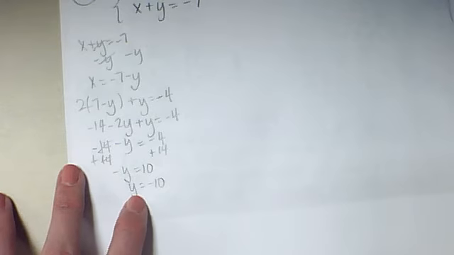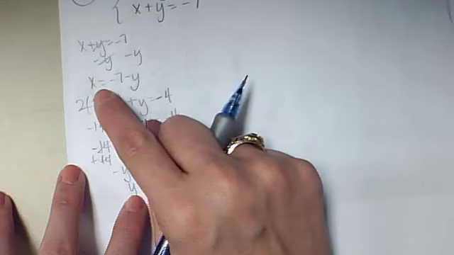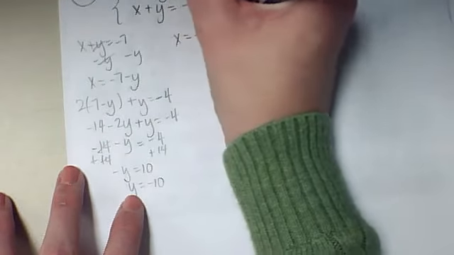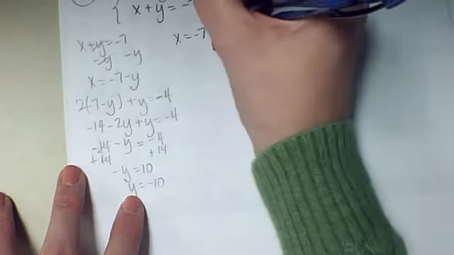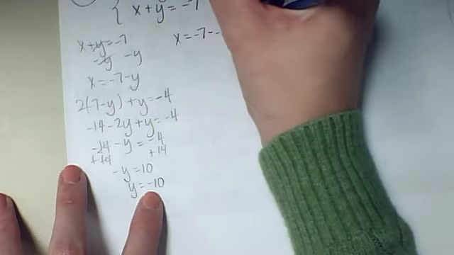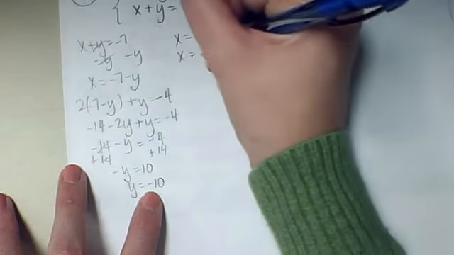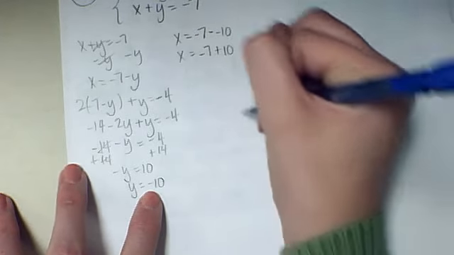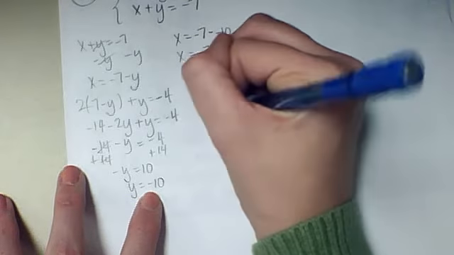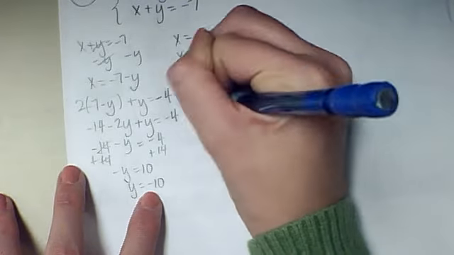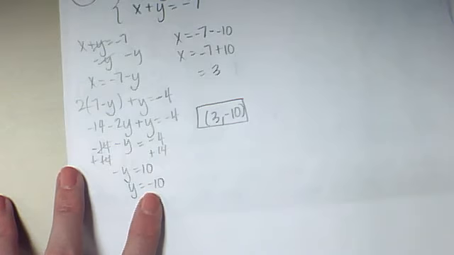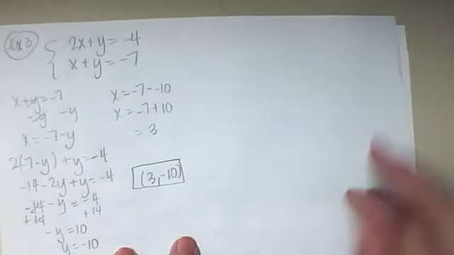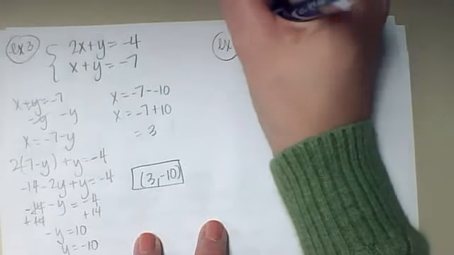Now that I know what y equals, I'm going to go back to the equation that says x equals and figure out what that is by doing negative 7 minus, and my new y value is negative 10. So I have negative 7. A negative negative makes a positive, and that value is 3. So I have 3 and negative 10. And that's it.